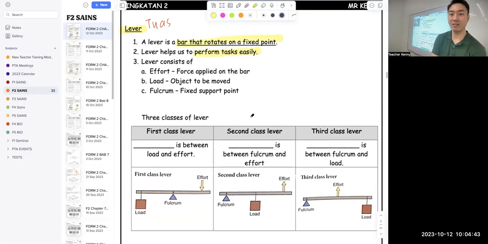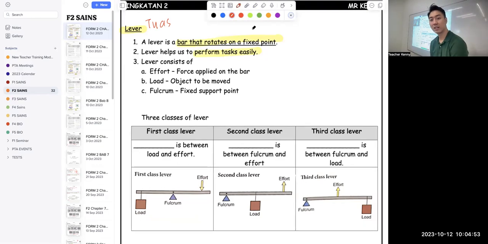Now, in every lever, you have three components. Valerie, what are the three components of a lever? Effort, load, and fulcrum. In your RBT, effort is your daya. Load is your beban.